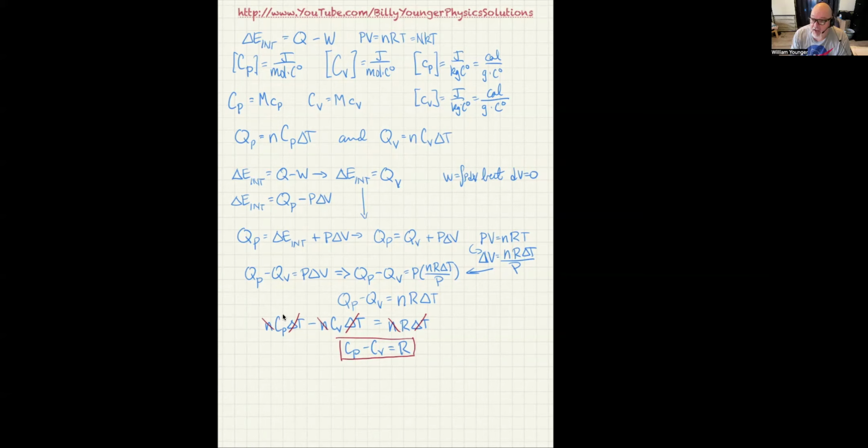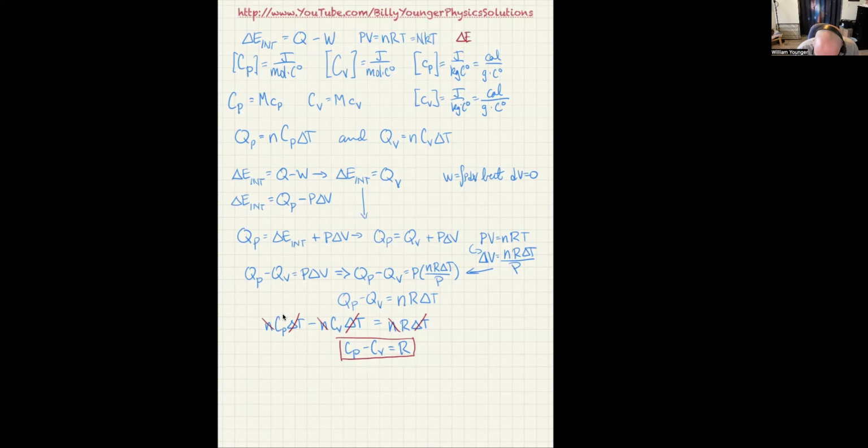Now that I've got that, I know that the molar specific heats for an ideal gas differ by an amount R, and I can use another equation, which I meant to include at the top but didn't. I'm going to put it up there now, and that is the change in internal energy for a monatomic ideal gas. I'll leave it written in red so it won't converge with the other stuff.